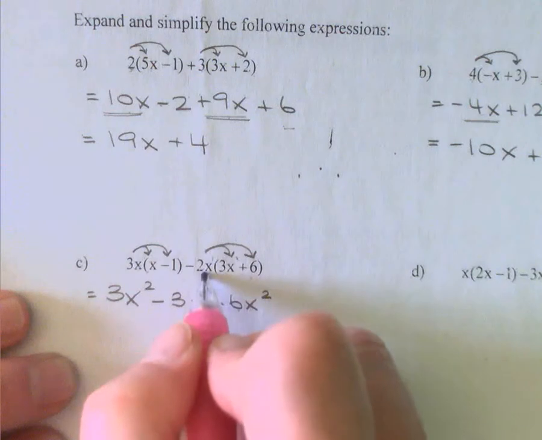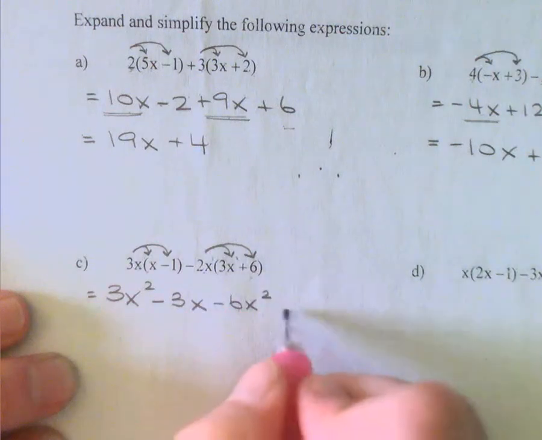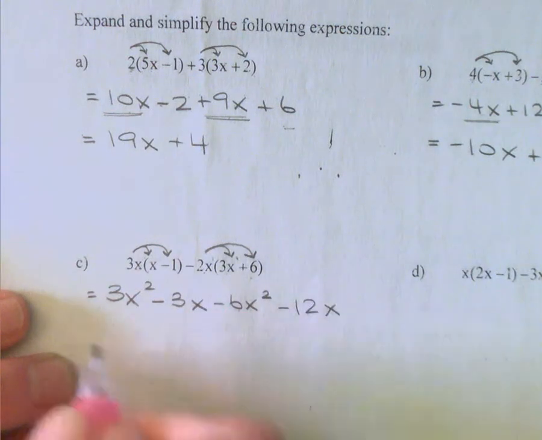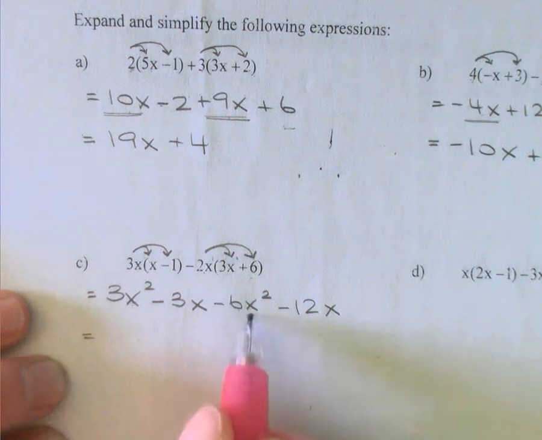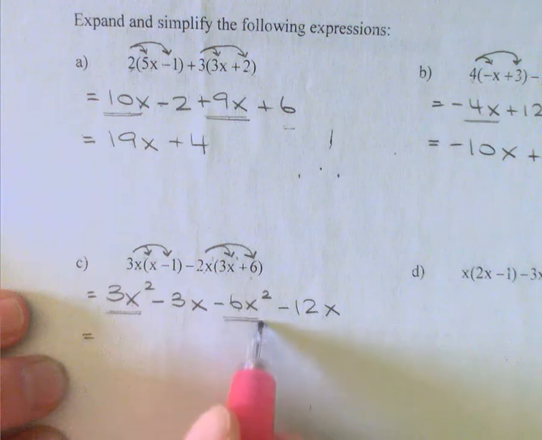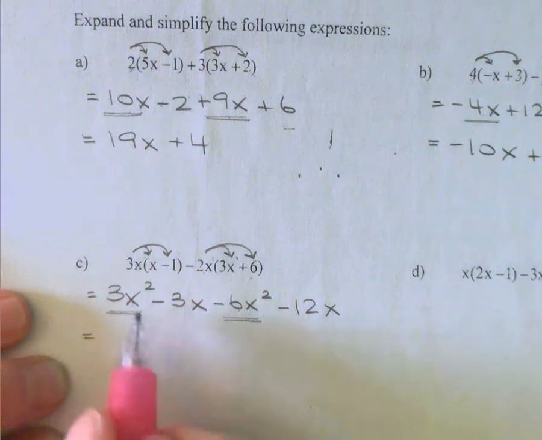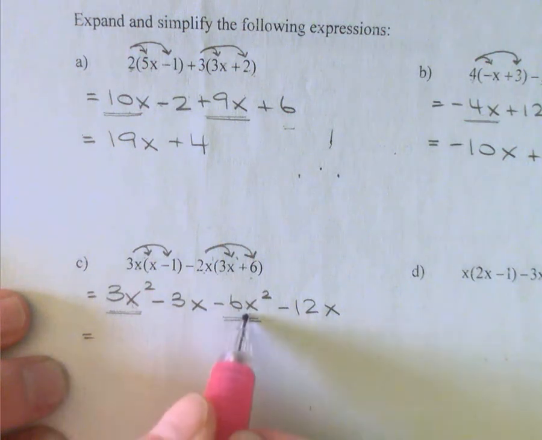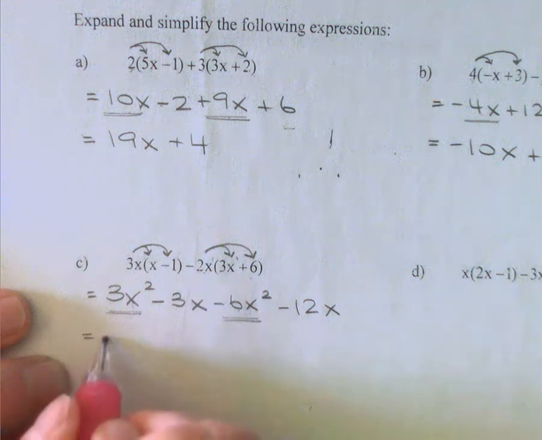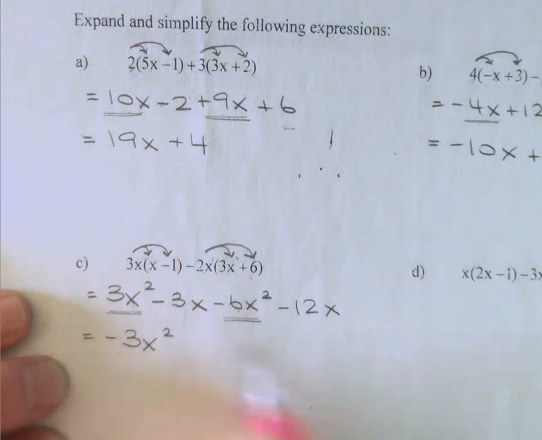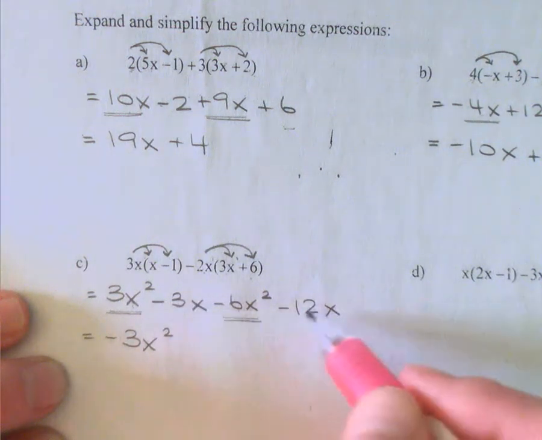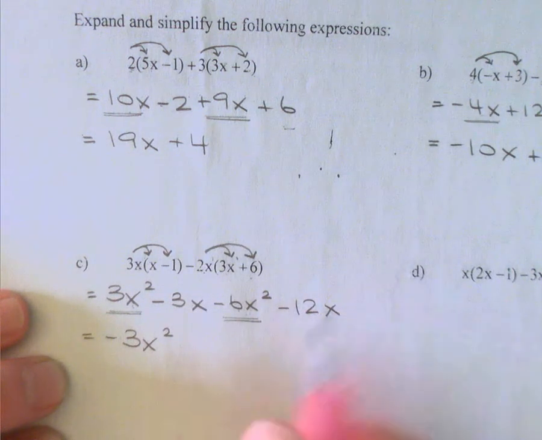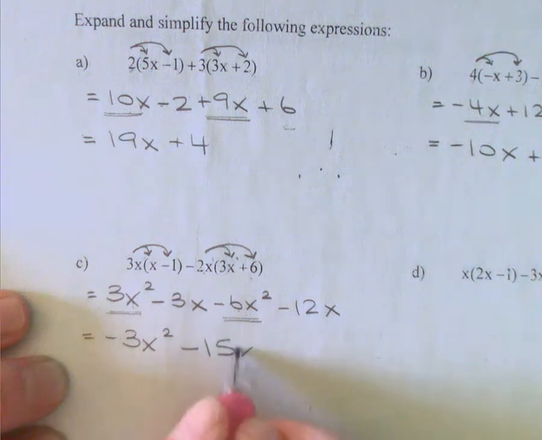Now I have minus 2x times 6 is minus 12x. I have an x squared here and an x squared here. Those are like terms. So I have 3x squared minus 6x squared is minus 3x squared. Now I have minus 3x minus 12x is minus 15x.